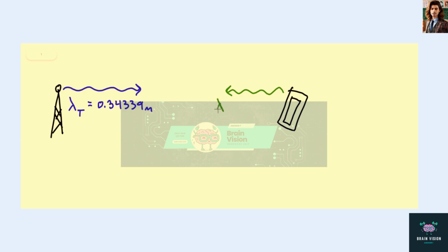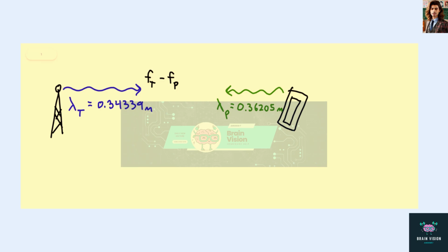And the wavelength of the transmission sent out by the cell phone, 0.36205 meters. Now what we're going to be looking for is the difference in their frequencies. We'll call that Ft minus Fp, the difference between the transmitter frequency and the cell phone frequency.